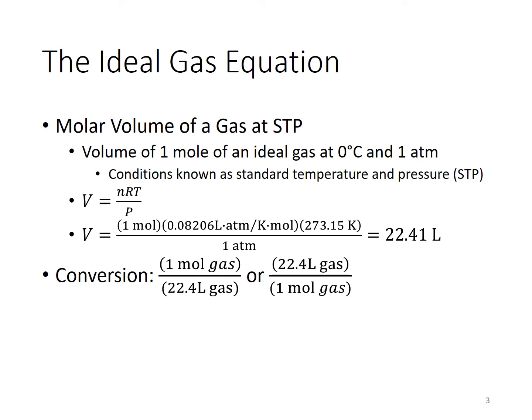Something that goes off of the ideal gas equation is the molar volume of a gas at STP. STP is called standard temperature and pressure, which is a little unfortunate because it's not that standard. Pressure at 1 atmosphere is very standard, but standard temperature is 0 degrees Celsius, and it is tempting to believe that should be room temperature, like 20 or 25 degrees Celsius.